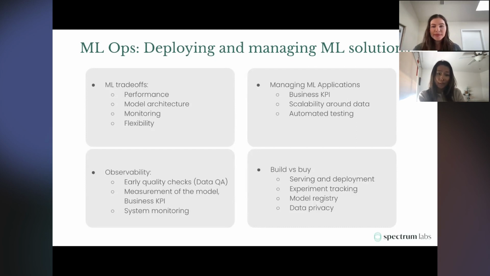And in addition, we also have to think about monitoring. How do we proactively identify and pick up any future problems? And the last thing around trade-offs, last but not least, is how do we allow flexibility in this process?